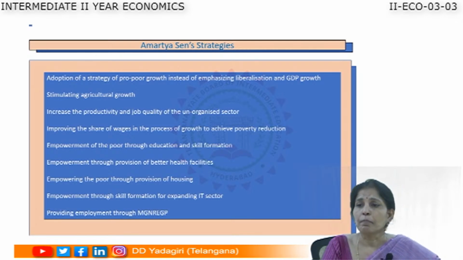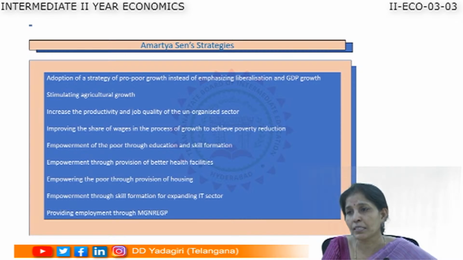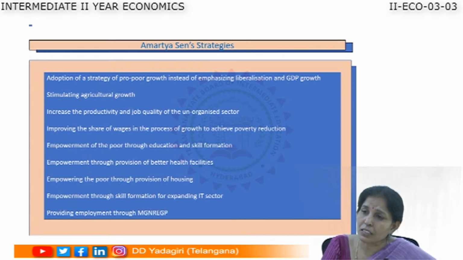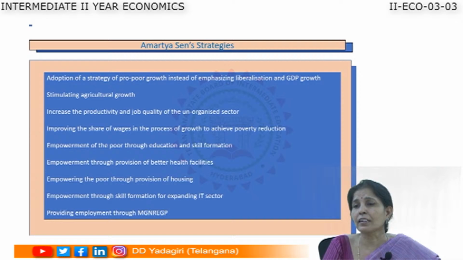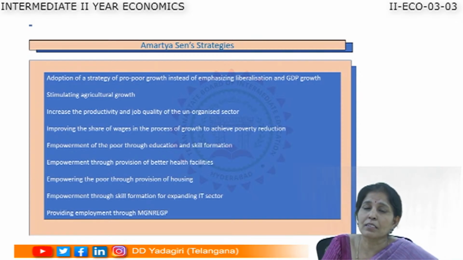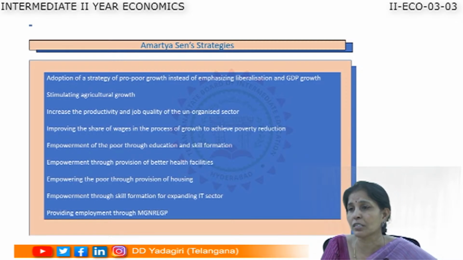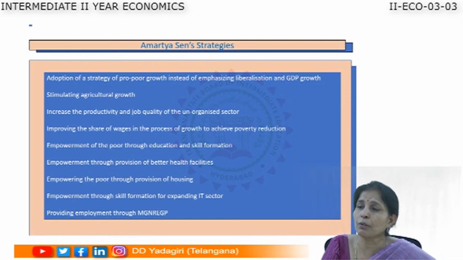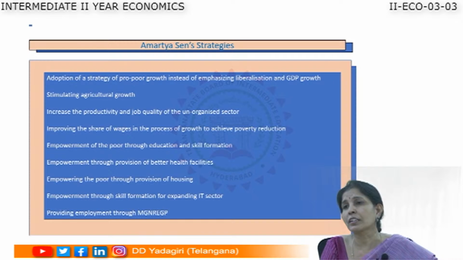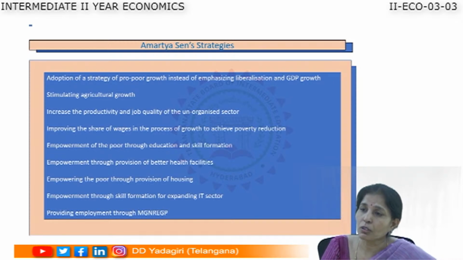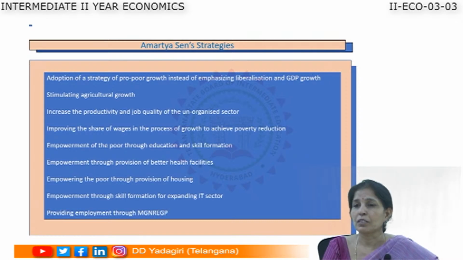Technical education should be provided to the farmers, industrialists, and laborers. Technical education is very important because it improves skills and efficiency, which is very important for us to increase our economic growth, and that will reduce poverty and unemployment.